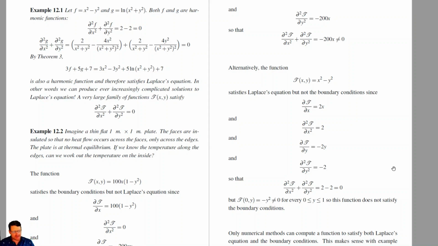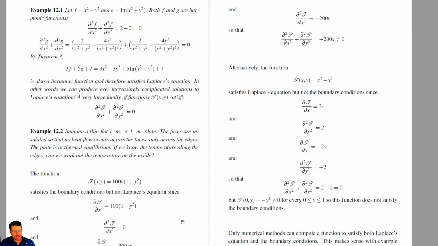Now this satisfies the boundary conditions, but not Laplace's equation. So if you take the partial derivative of this with respect to x, you have 100 times 1 minus y squared, and then differentiate again and you get 0. But then you do that with respect to y, so the partial derivative of T with respect to y is minus 200x times y.